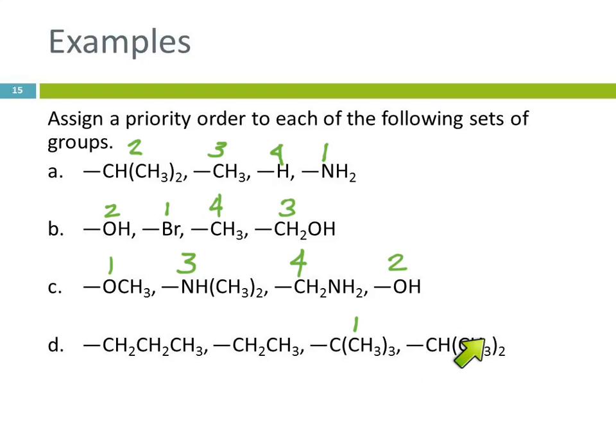This one, because it has 2 carbons attached directly to this one, is going to be the second priority. And then which of the remaining 2 is going to be next highest? The first one. So that's 3 and this is 4. Because this guy goes carbon, carbon, carbon before you have to go to a hydrogen, and this one goes carbon, carbon, hydrogen. Okay?